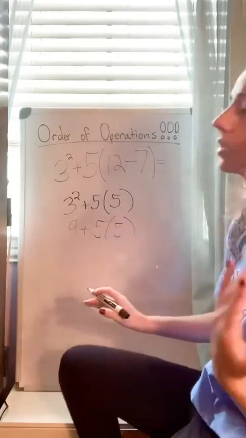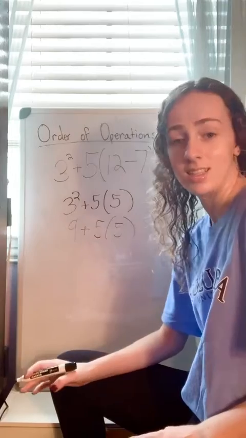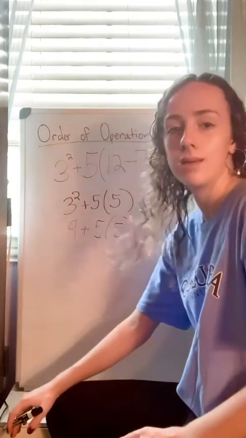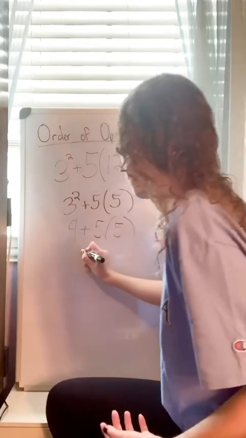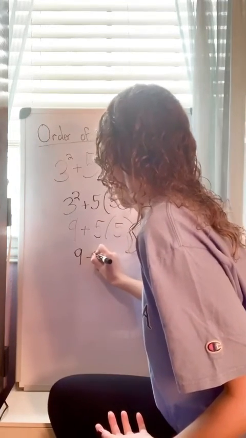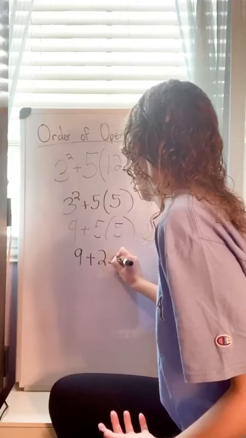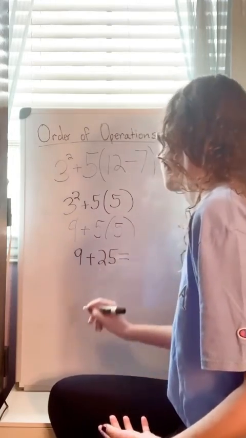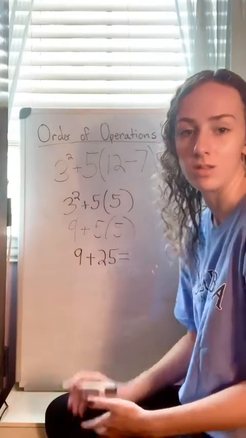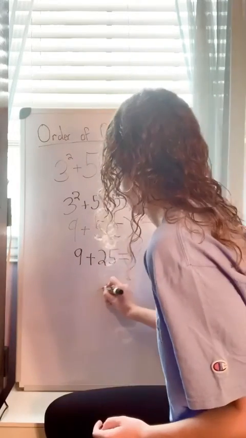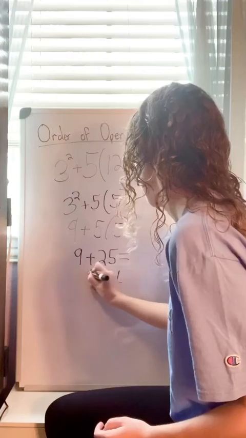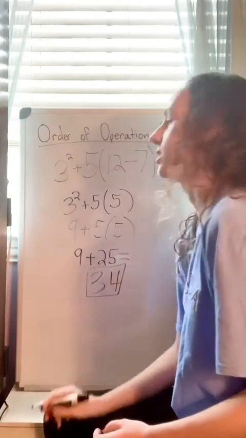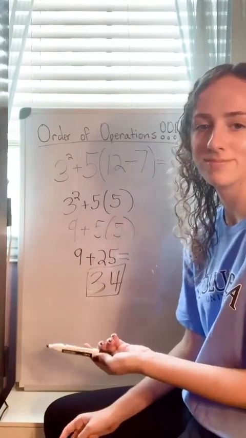We're at our second to last step here. Next we go by PEMDAS, which is multiplication, with the next step being addition and subtraction. So we write this as 9 plus 25, just some simple addition. 9 plus 25 equals 34, and that would be the answer to this problem.